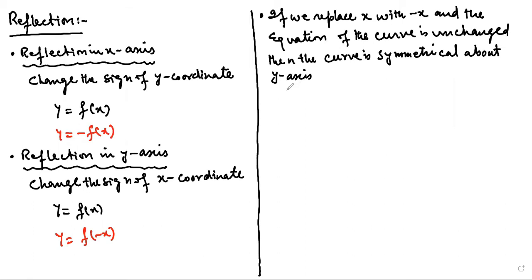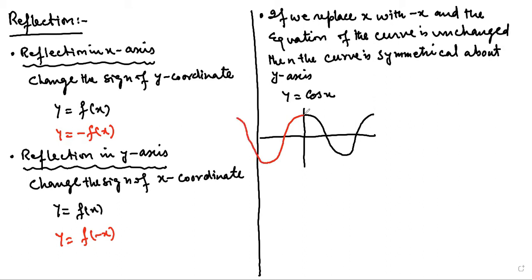Consider the curve y is equal to cos x. The curve of cos is this. If I extend this one before y-axis, you can see that the curve is symmetrical about y-axis.